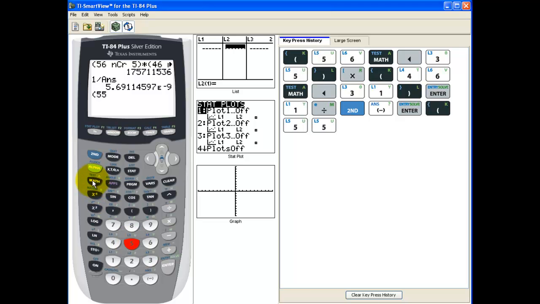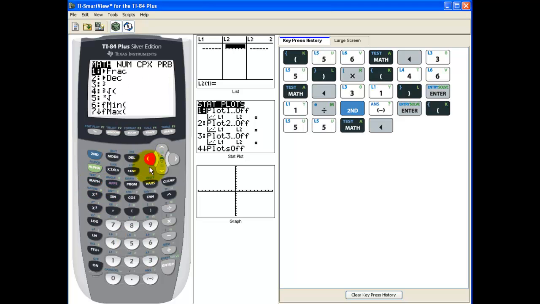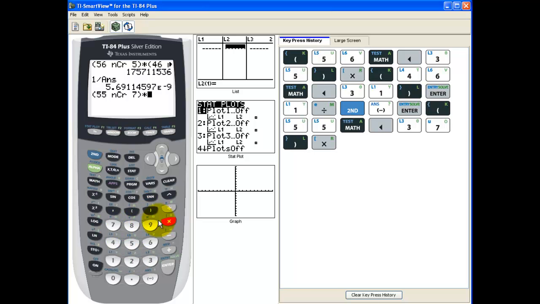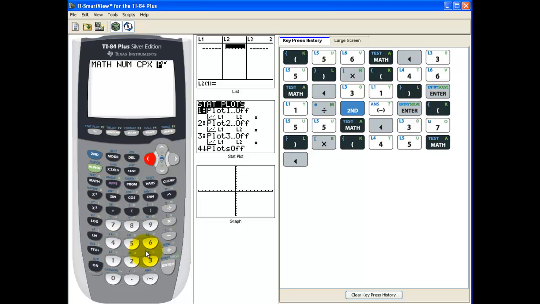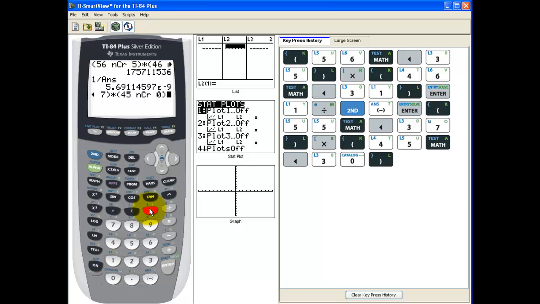So let's key that in. We'll do 55 choose 7 times 45 choose 0. Now, of course, if you know that 45 choose 0 is 1, you might be thinking, well, why would you want to key that in? Well, you'll see. We're going to make an easy way of doing this question here.